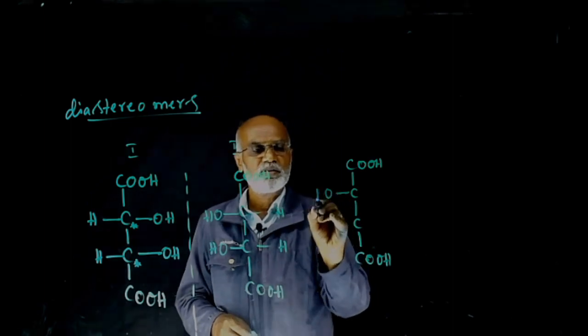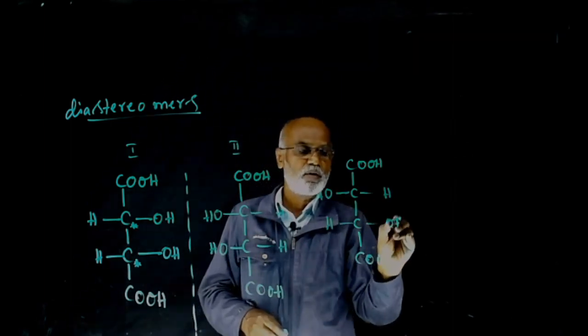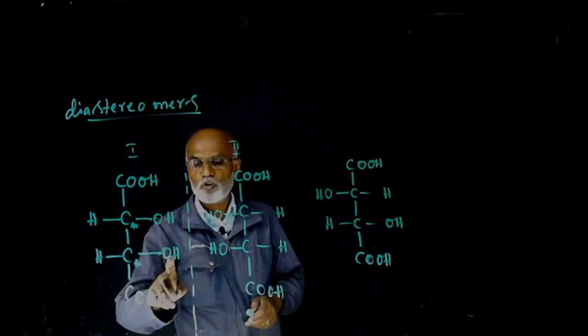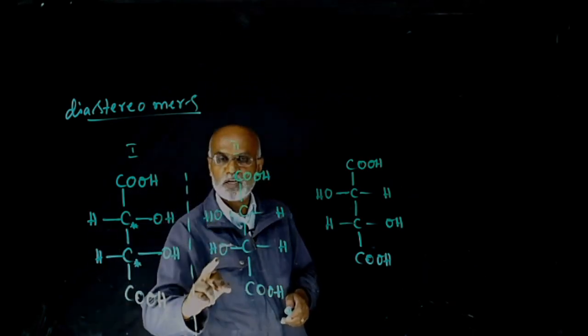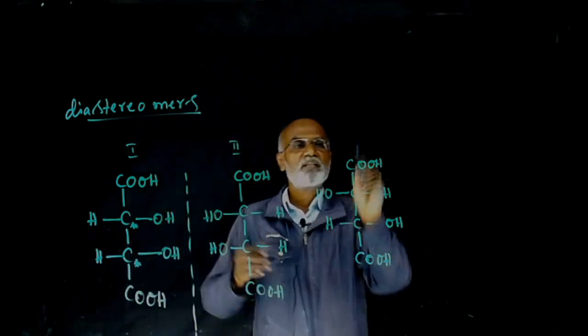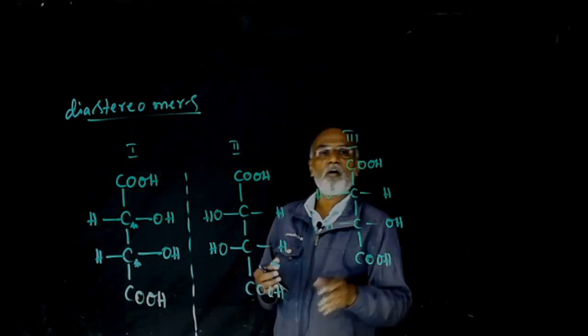Let me write, this is OH, this is H, and this is H, this is OH. What is the difference? In structure 1, both the OH groups are on the same side. In structure 2 also, both the OH groups are on the same side, but it is a mirror image of structure 1. So this is structure 3, where the 2 OH groups are not on the same side.